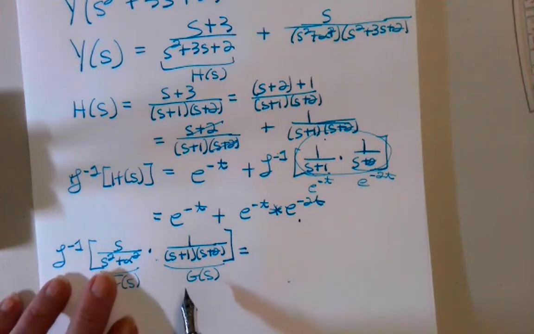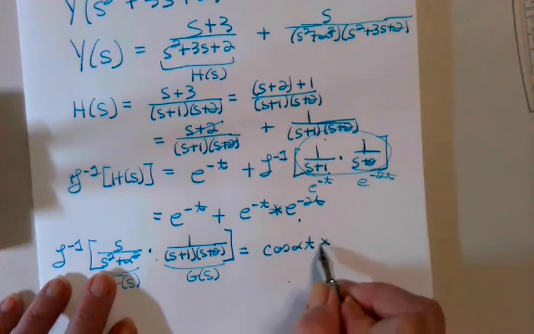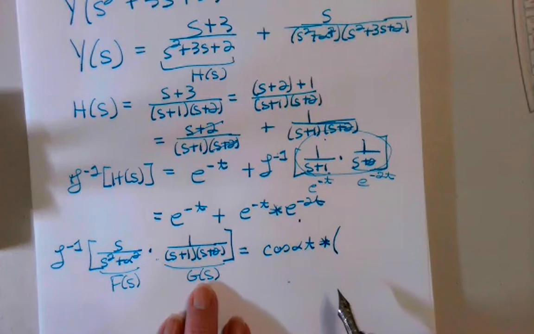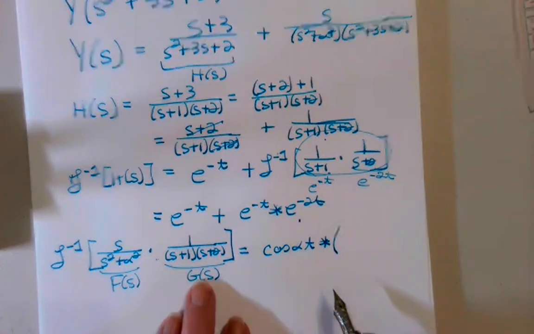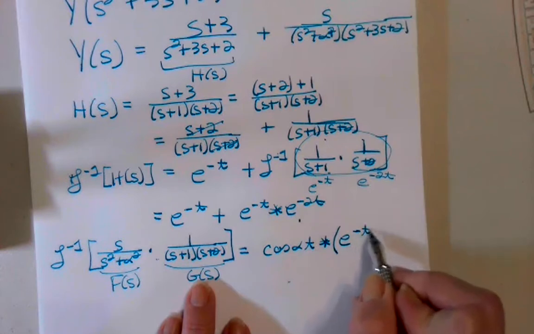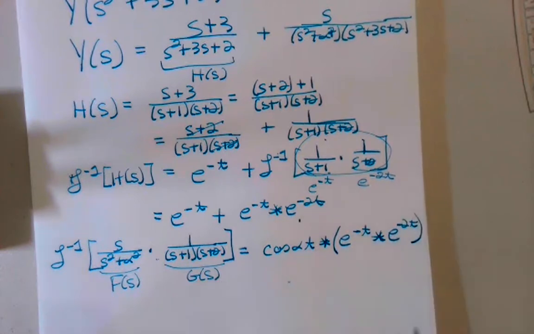When you look up on the chart, if you invert that, you get cosine alpha t. And you take the convolution of that with the inverse Laplace transform of this guy, and the inverse Laplace transform of this guy is the convolution of e to the minus t with e to the minus 2t.